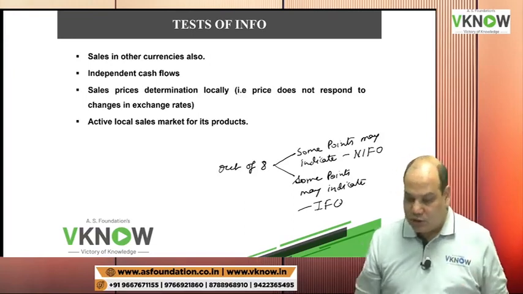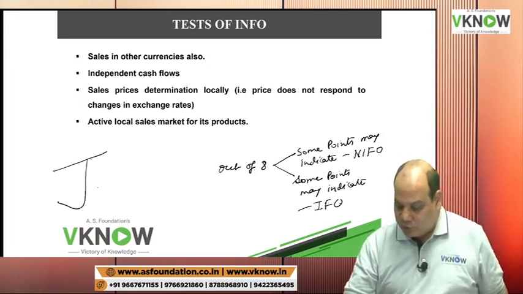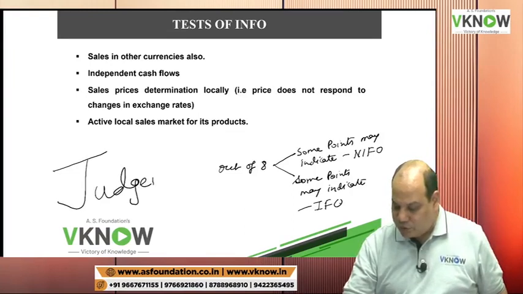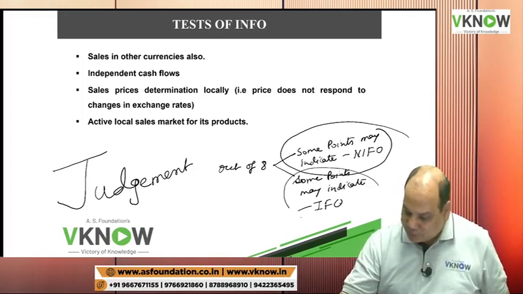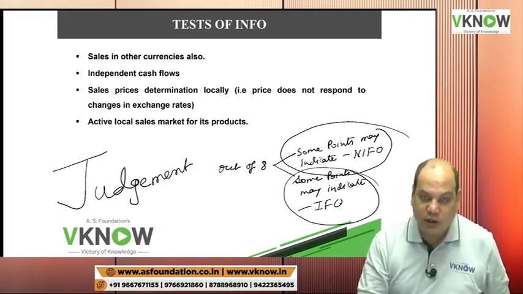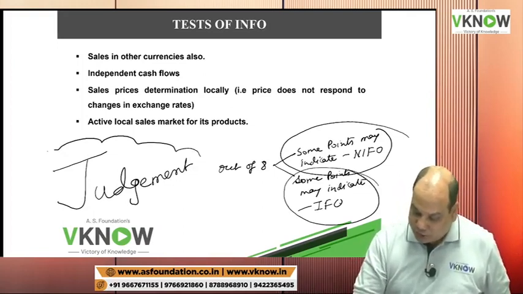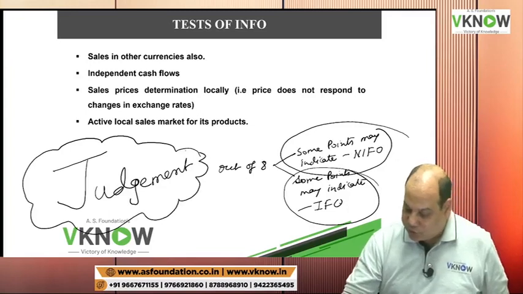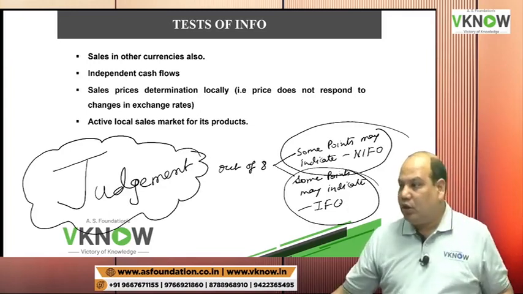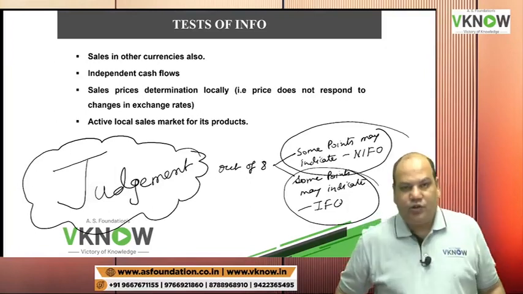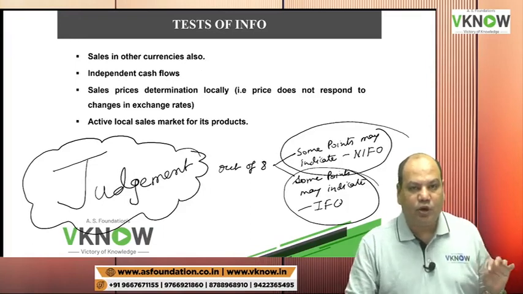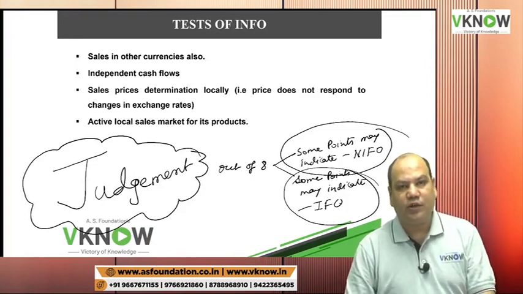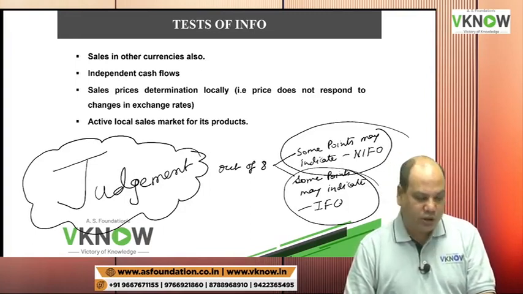So what this standard says is, if you have some points in favor of NIFO and some points in favor of integral foreign operation, the enterprise should apply its judgment, and the management has to decide whether they want to call that foreign operation integral or non-integral.